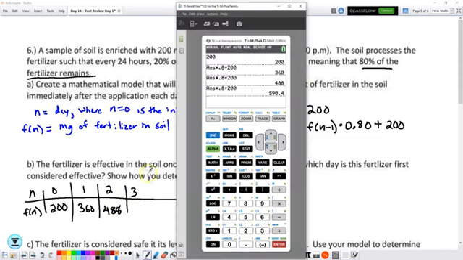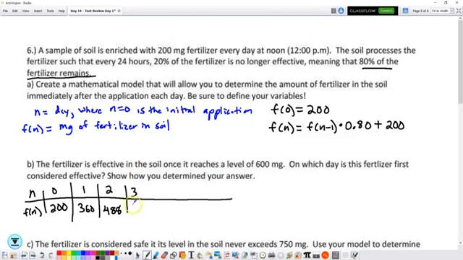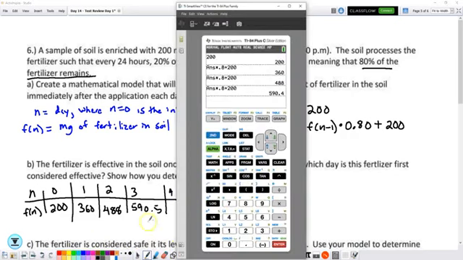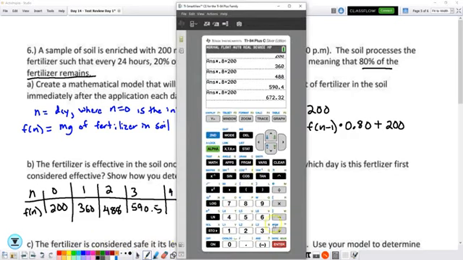On day 3, after applying the fertilizer, I will have 5... Oh, we're getting there. And remember, this is after we put in the 200 for the day. So let's see what day 4 is. There it is. Okay, and sure enough, we've got 672.32.